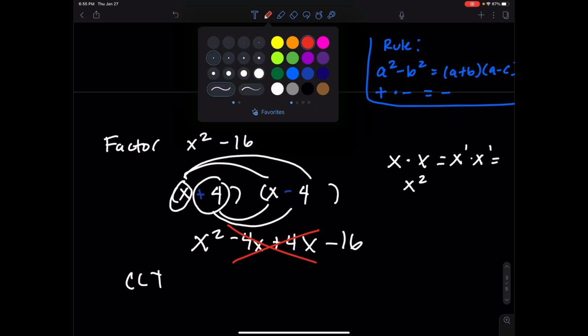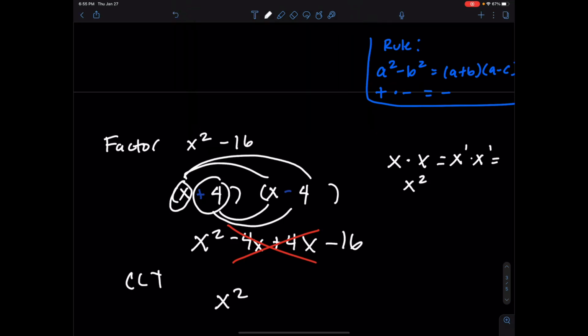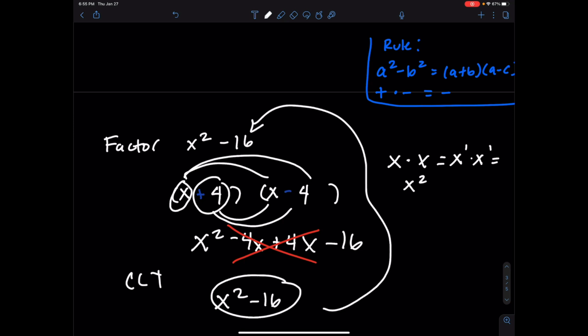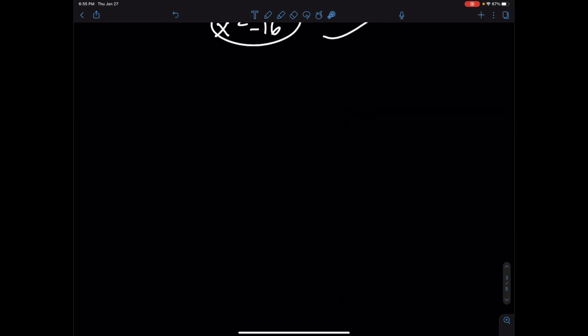So now I'm left with x squared minus 16, which is exactly what we have here. And if you don't remember, we use the rule here: a squared minus b squared is equal to (a plus b) times the quantity (a minus b), and a positive times a negative is equal to a negative.